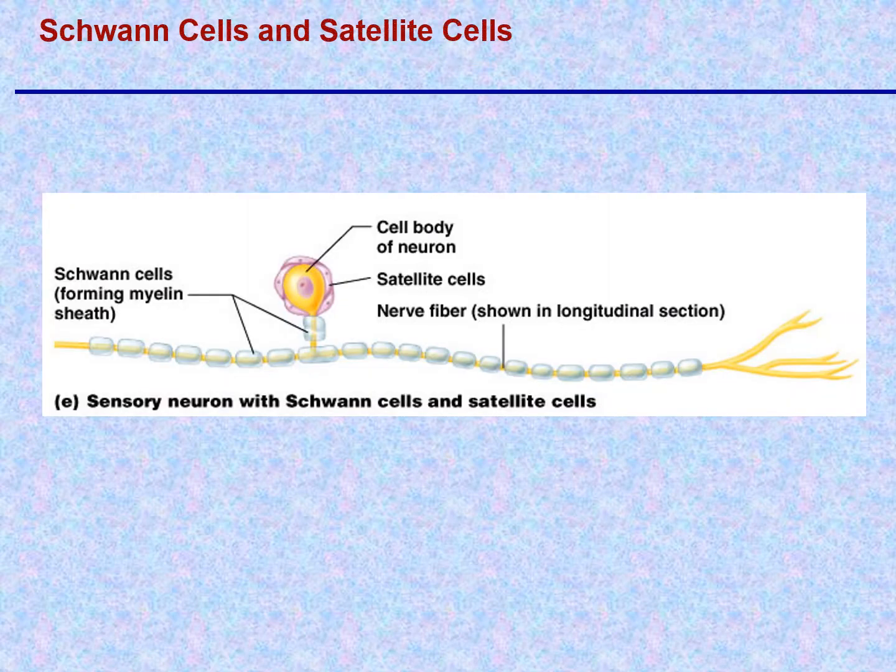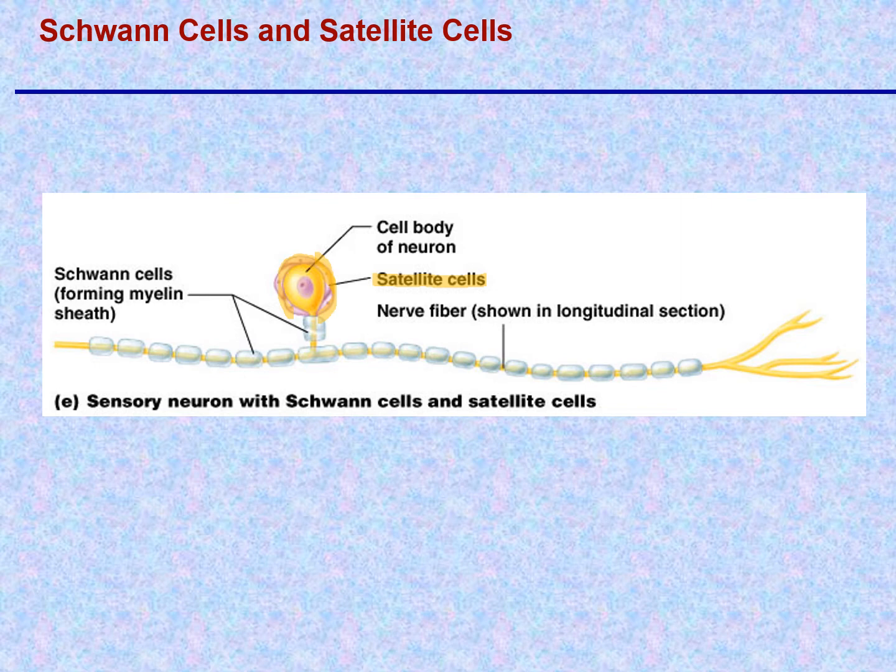So here you see in the center, and I'll highlight it in green here, the nucleus of a neuron. It extends out and goes this way, and also goes along this way here, and branches like that. So that's a neuron in the middle there. And around that neuron cell body are satellite cells, multiple satellite cells wrapped around. So it forms a covering like that around the nerve cell body.